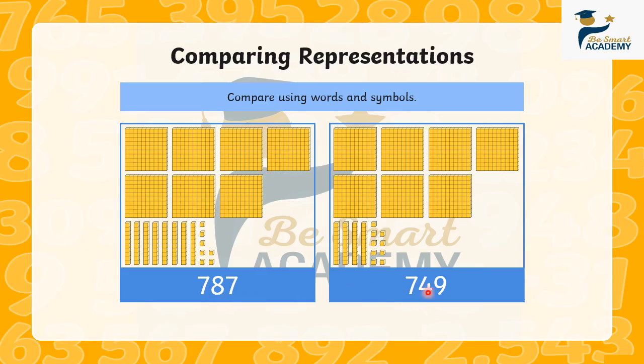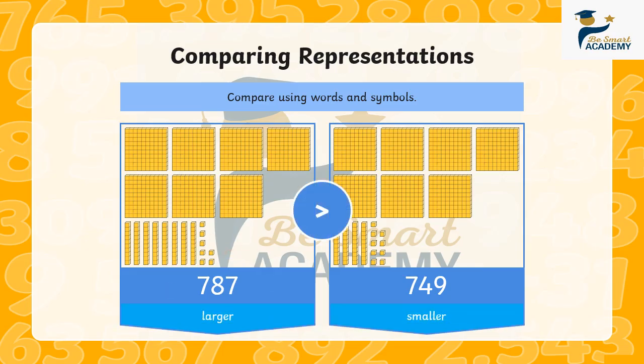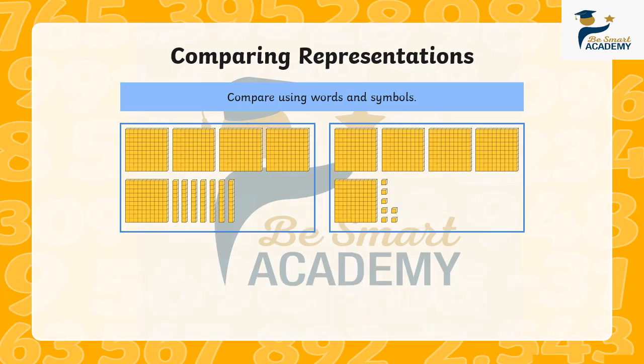I have 8, I have 4. Which number is bigger? Of course the 8, because I have more, which makes 787 greater than or larger than 749. Let us jump now to our last example in comparing using block form.